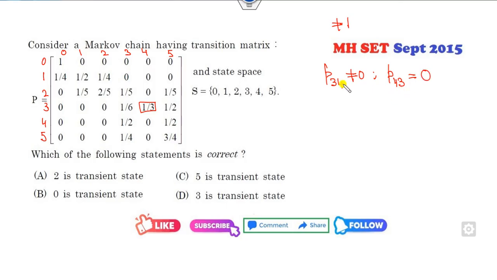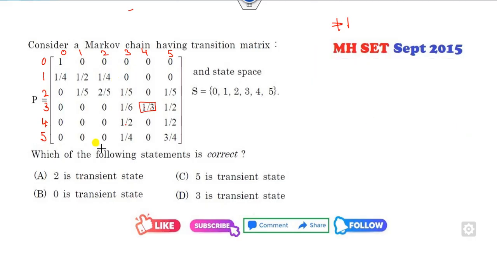Check whether it's 0 or not. P4,3 is non-zero. So that means this is not transient. Fine. 3,4 is non-zero, but 4,3 should be 0. That means 4 is not transient. So it is already mentioned that.